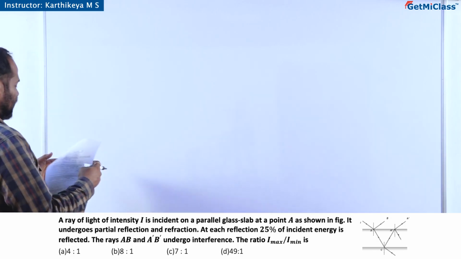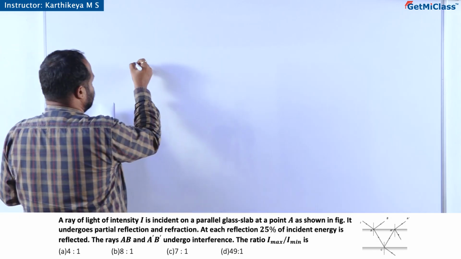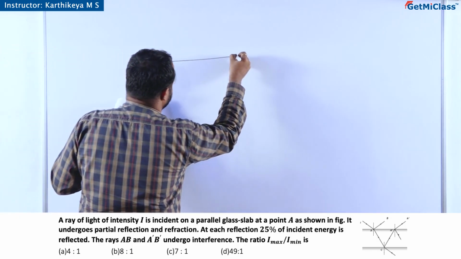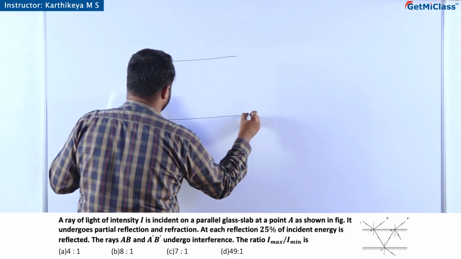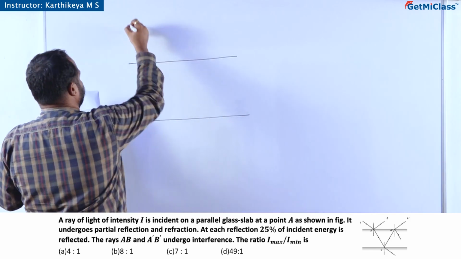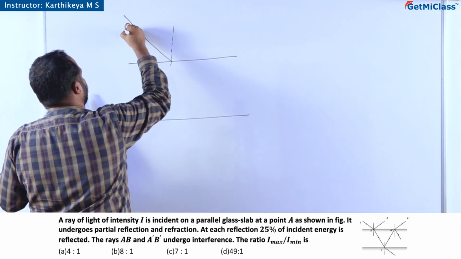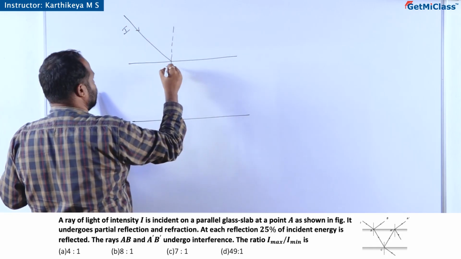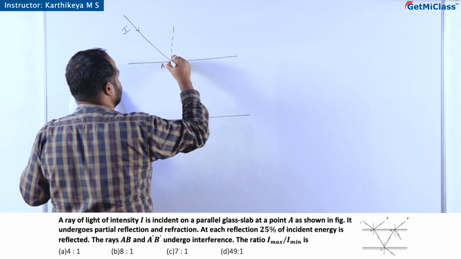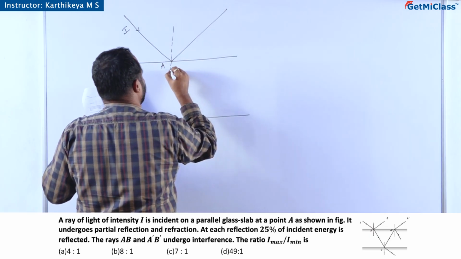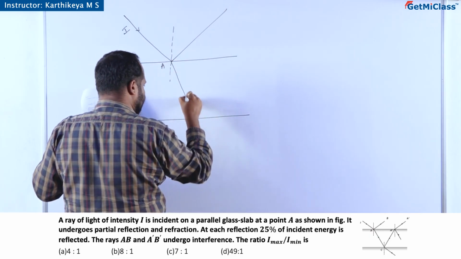So, looking at the diagram, this is one surface, this is another surface of the denser medium. A light of intensity I is incident at A, it undergoes reflection and it also undergoes refraction.